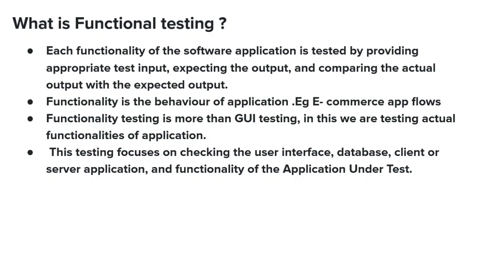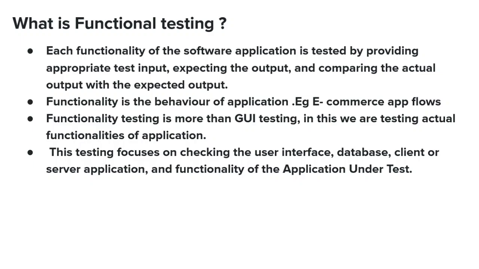That should work as per the given requirements. So that mainly covers functionality testing. Each functionality of the software application is tested by providing appropriate test input and then expecting the output and comparing the actual output with the expected output.